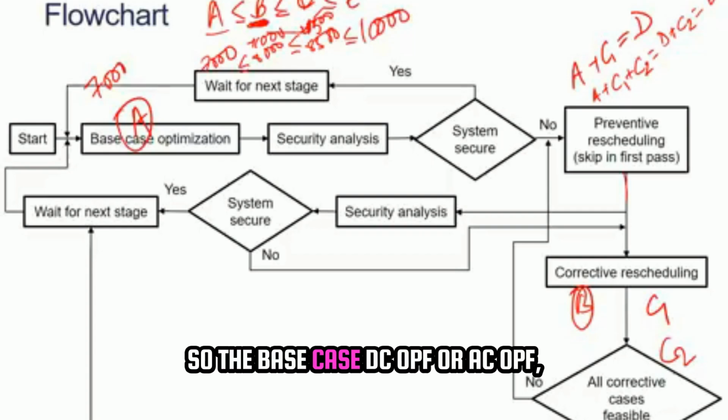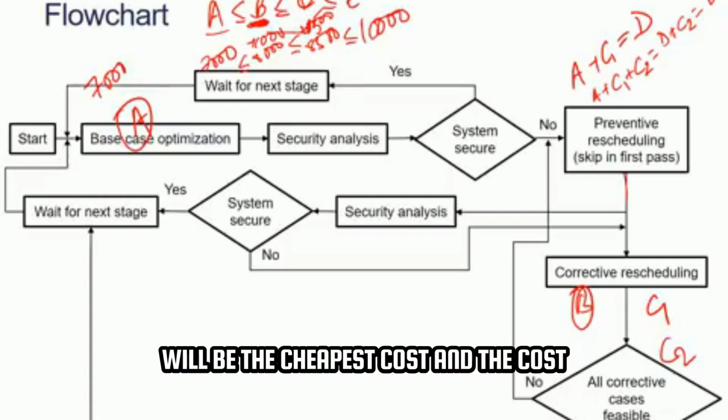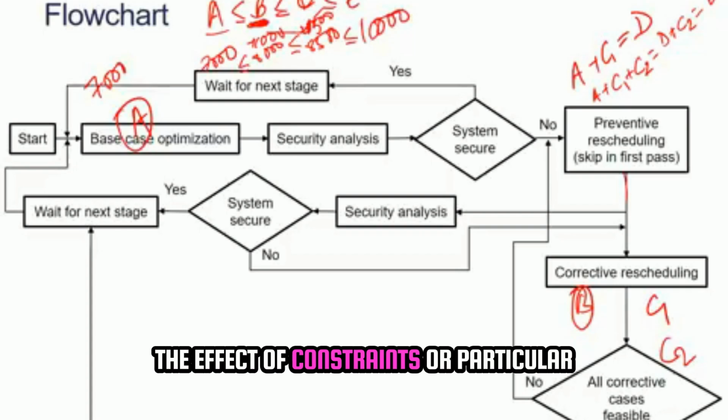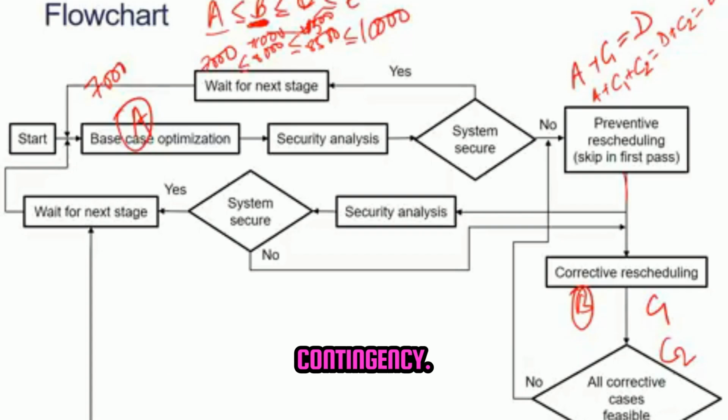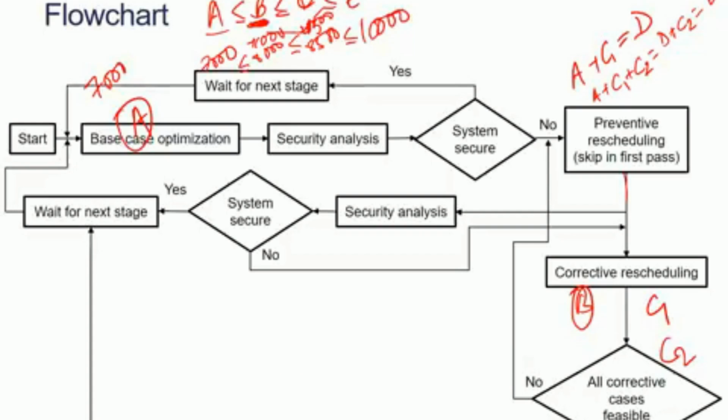So the base case, DC OPF or AC OPF, whatever OPF you take, your base case OPF will be the cheapest cost, and the costs will be added as soon as you include the effect of constraints or a particular contingency in that OPF.